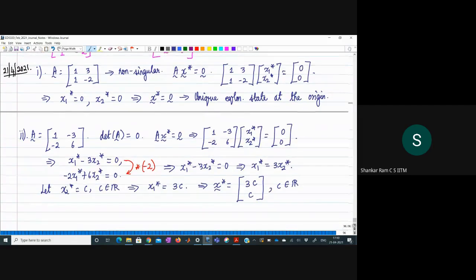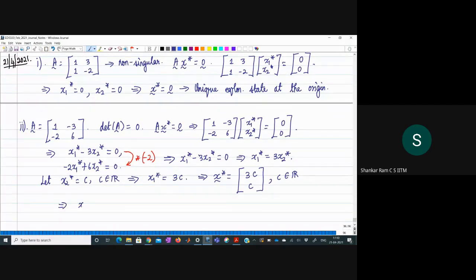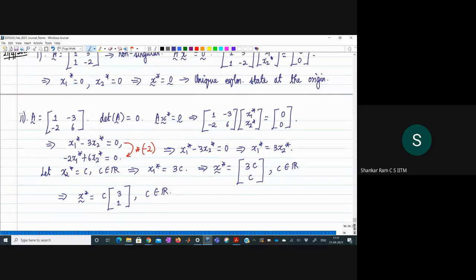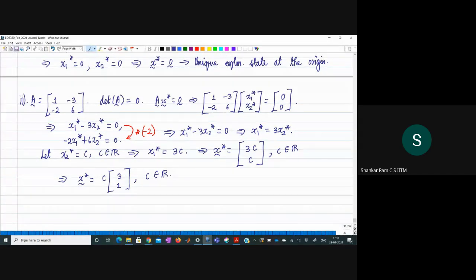People will also rewrite this as x star equal to c times the vector 3, 1, where c is some real scalar. So this is how we get the equilibrium state in this example, right? I hope it's clear how we got this.